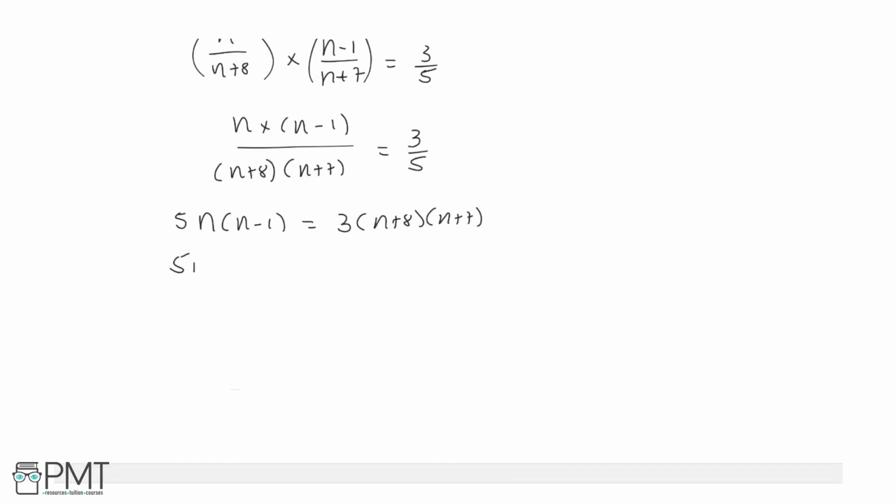We now get 5n squared minus 5n equals 3n squared plus 8n plus 7n is 15n plus 8 times 7, which is 56. Expanding this, we get 3n squared plus 45n, and then 56 times 3 is 168.